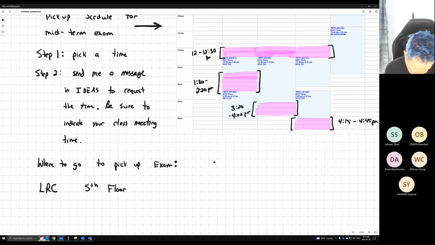Right outside the elevator on the 5th floor, if you look around, you will see the Faculty of Liberal Arts and Sciences. You'll see it above an entryway.